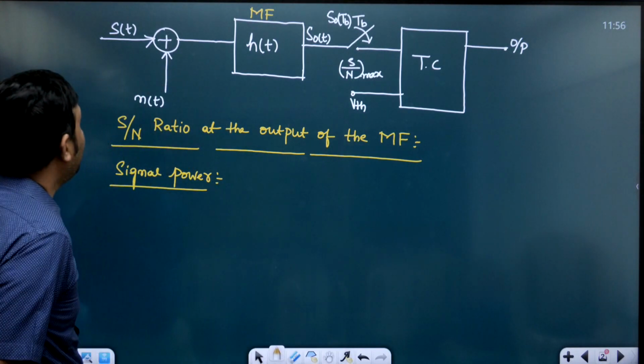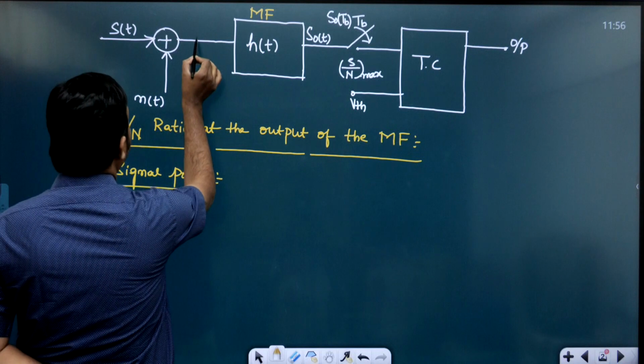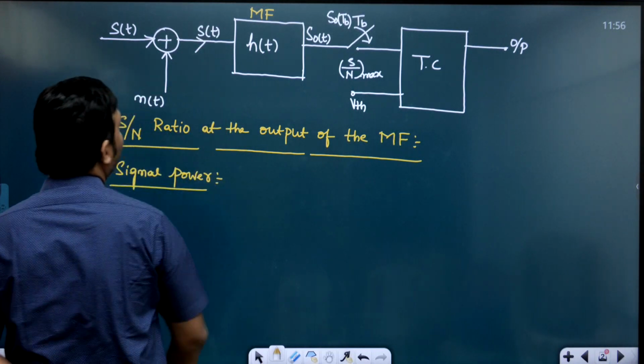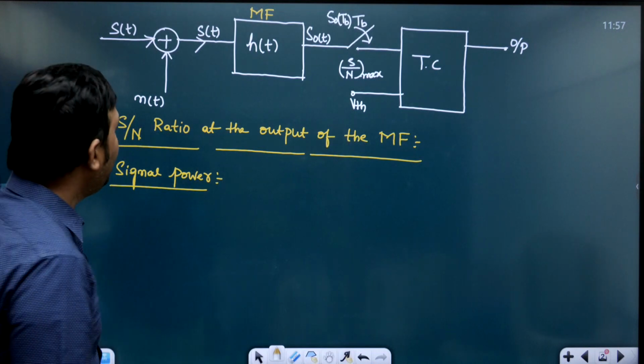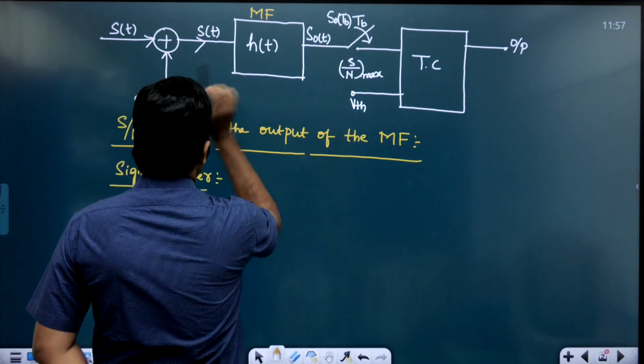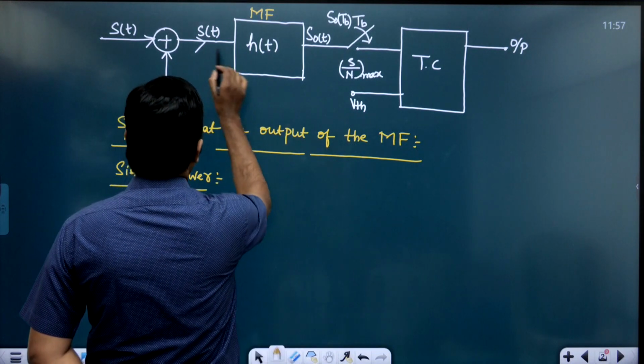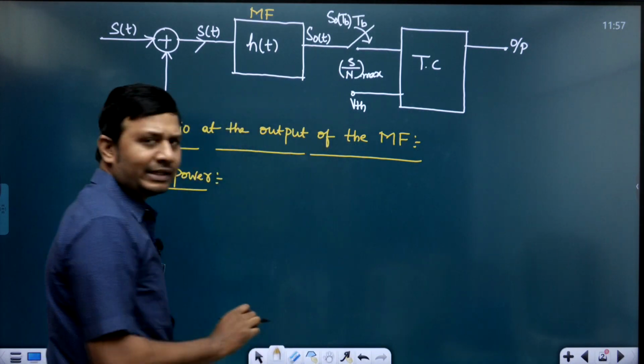Right. Now signal power. Now assume that here input to the matched filter is signal. And here for this system that is called matched filter, which is a LTI system, input is there, impulse response is there. Can you calculate the output? Yes.